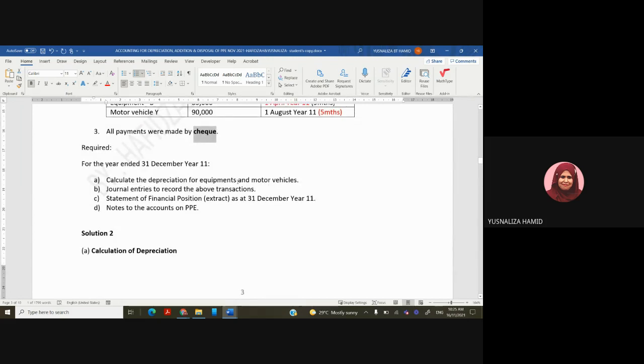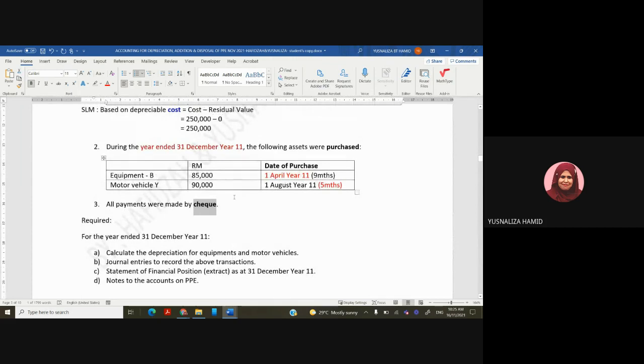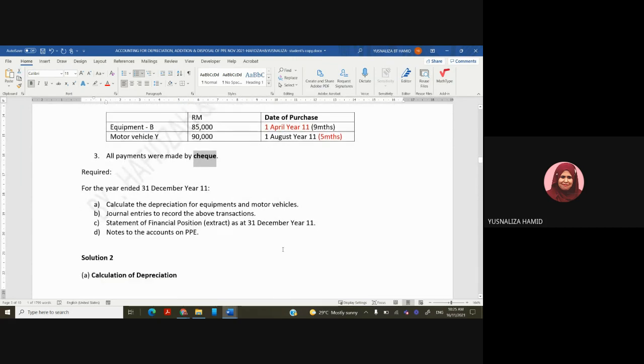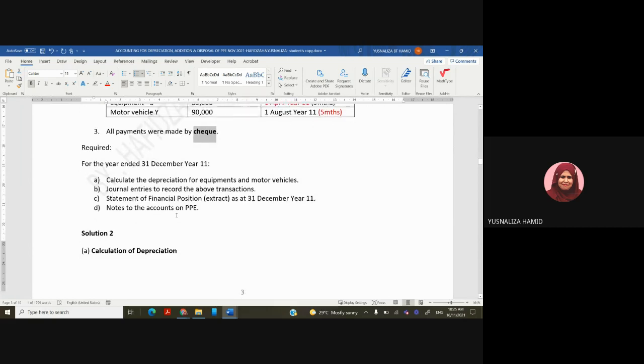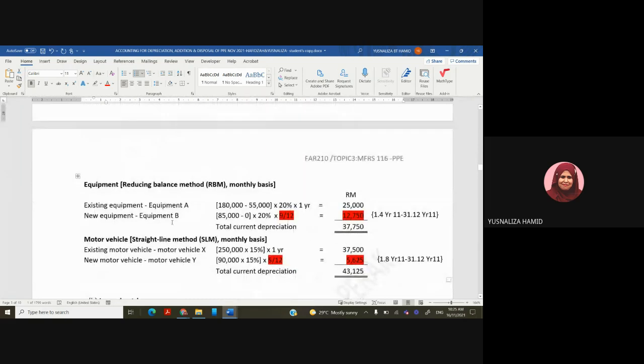So you're going to calculate depreciation for equipment B, equipment A, motor vehicle X, and motor vehicle Y. And also to do the journal entries, you have the answer there. I just want to explain. What you need to do is split between the existing equipment, which is equipment A, and the new equipment when you calculate depreciation.